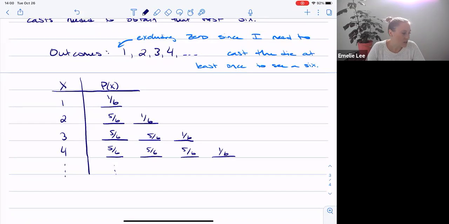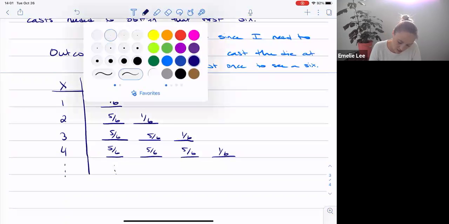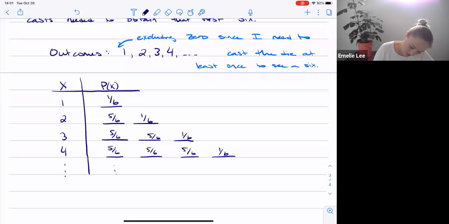So if we look at this pattern, what are we seeing here? We want to try to make a connection between the x and the probability of x. If we can find some sort of pattern, which we can tell there's got to be, then what we see is something of this nature.